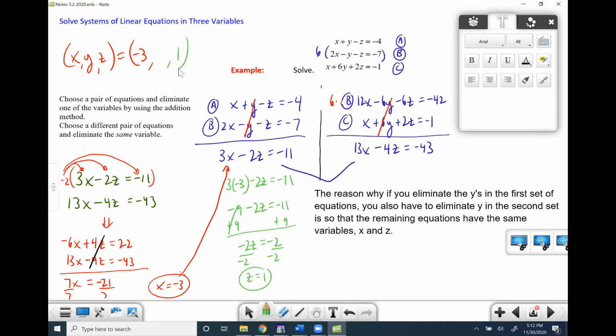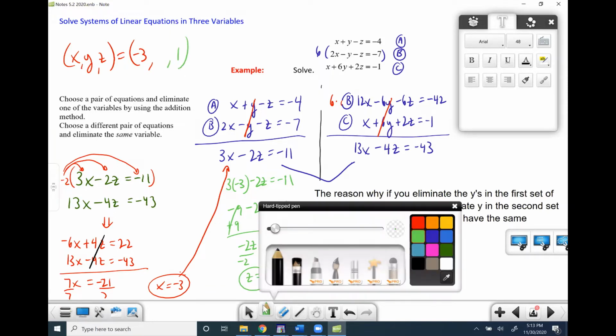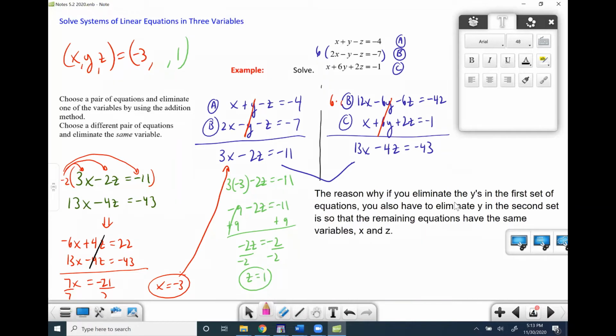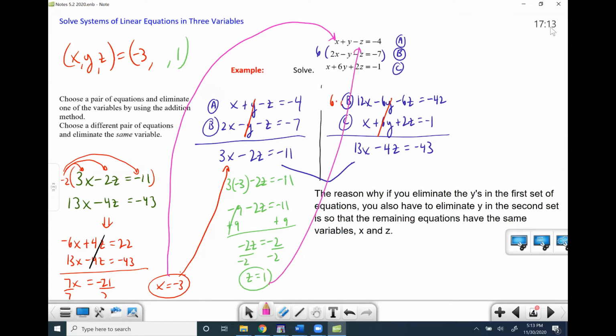So now we just got to hunt our y. So at that point, you take both x and z to one of the originals. It doesn't matter who, whichever one looks easiest. I'm thinking the top one, you guys, is where I want to go with it.